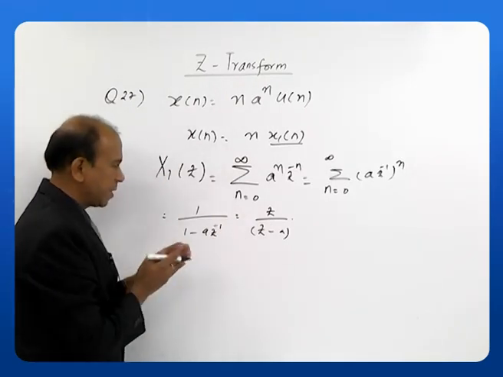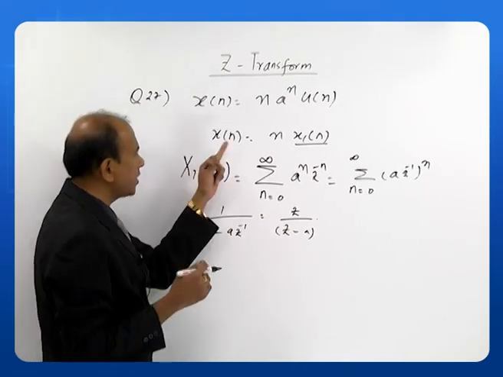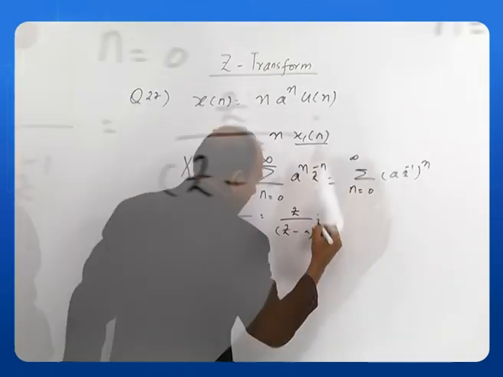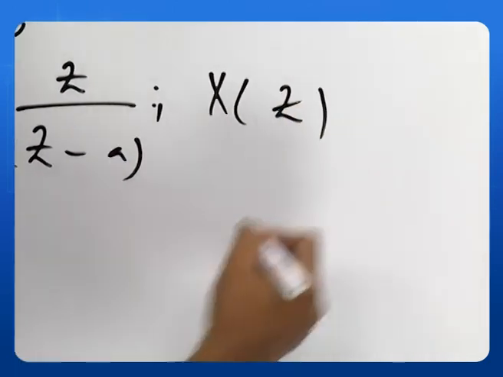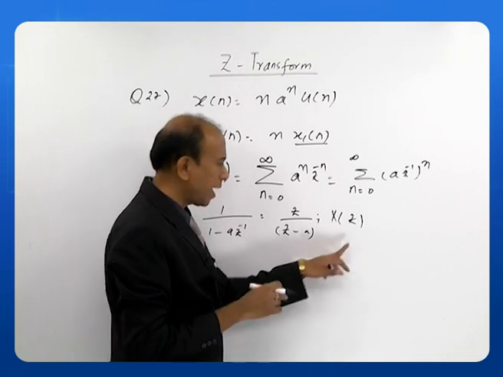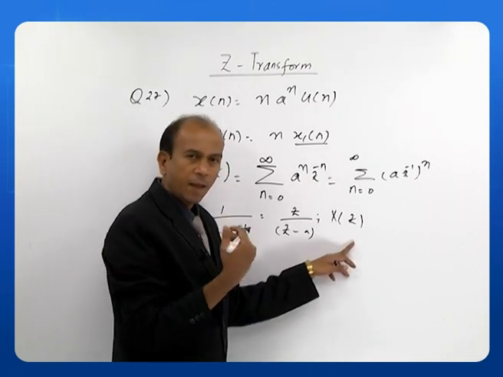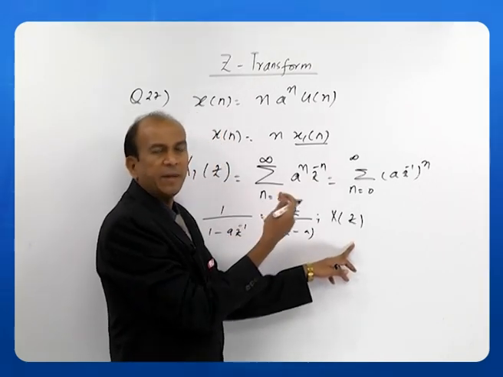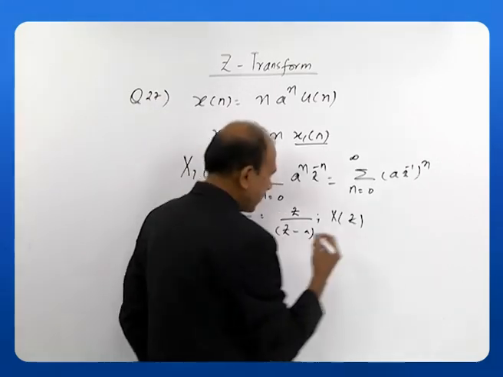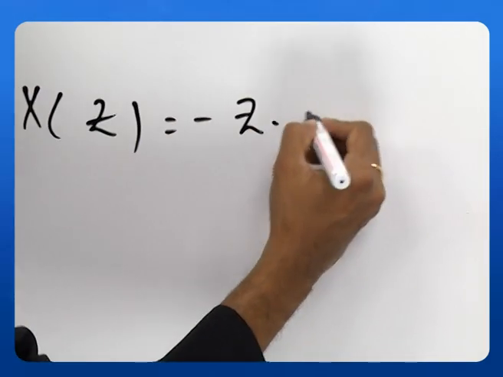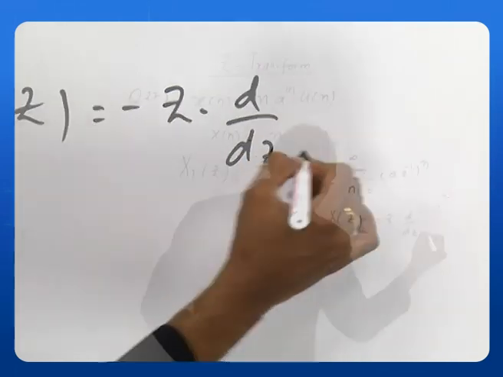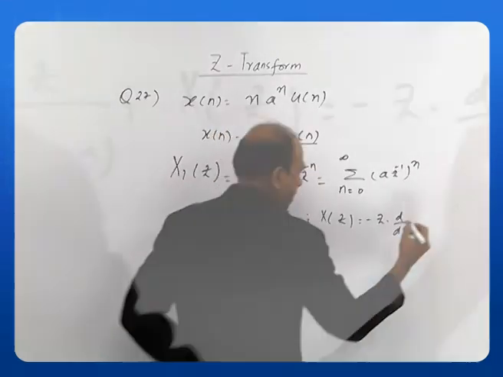Now I have to find out what is X(z). So what is X(z)? If you remember the flow diagram I have shown, I have to first find out the X1(z), which I have found out. Then I have to multiply minus z d by dz of that. So this will be equal to minus z d by dz of z by z minus a.